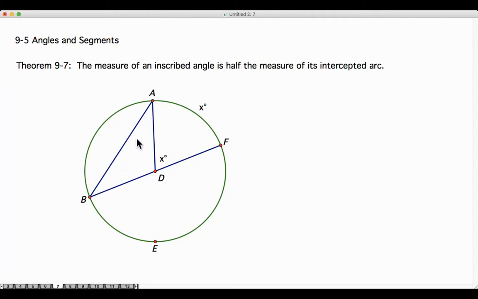But we also know that this triangle right here has to be isosceles. The triangle BDA must be isosceles because those two legs right here, BD and DA, are radii of the circle. So the angle right here at B and the angle right here at A must be congruent.